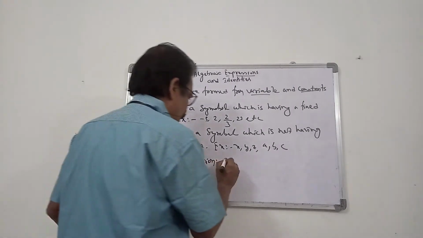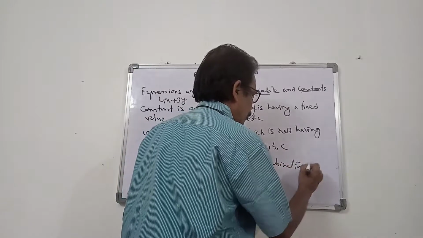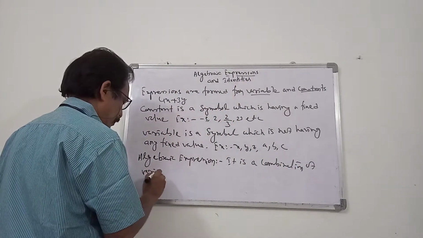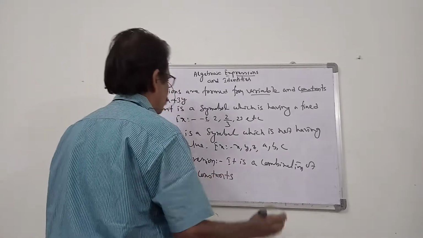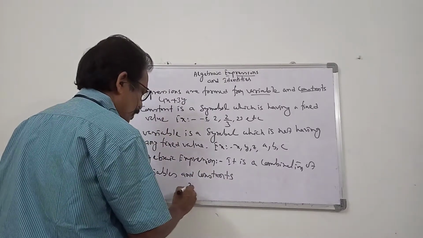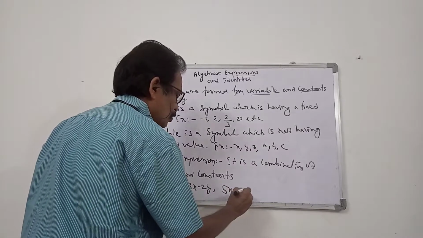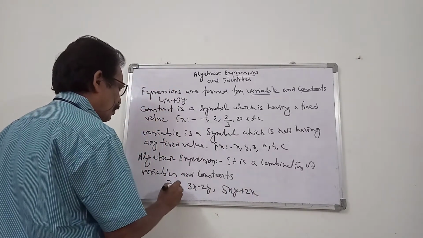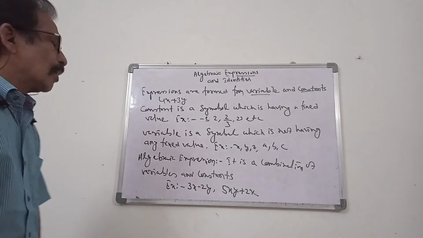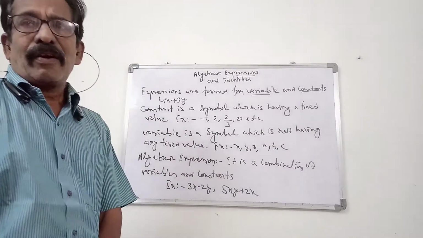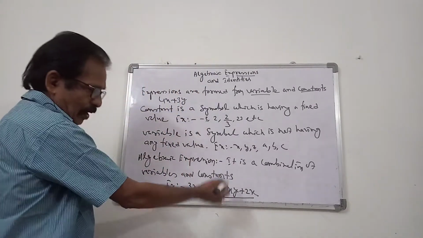For example, suppose 3x minus 2y, or 5xy plus 2x. These are all combinations of variables and constants. Here 3x minus 2y is there, and 5xy plus 2x is there.